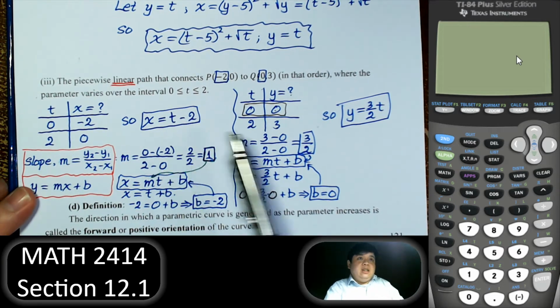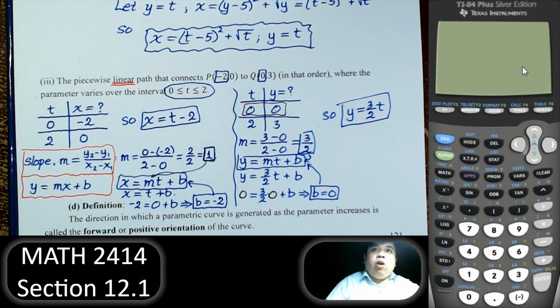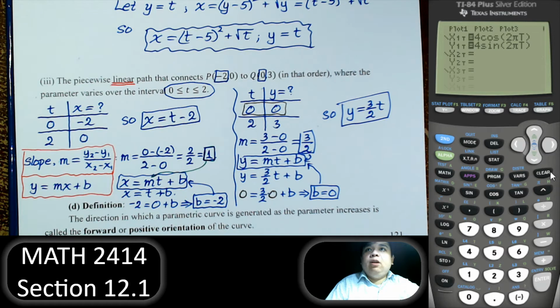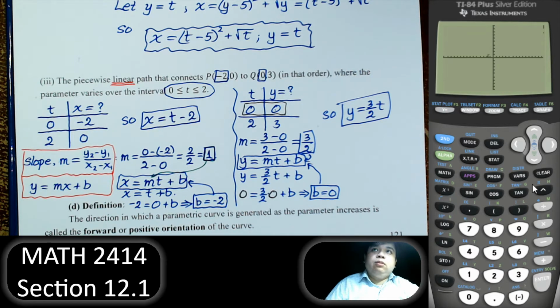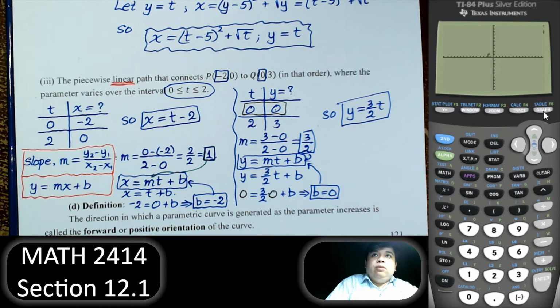So x and y along with the domain for t. Let's try if it works. t minus 2 and 3 over 2 times t. Make sure that we change the window from 0 to 2. I'm going to zoom in.